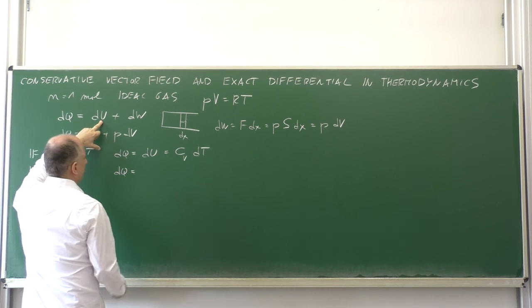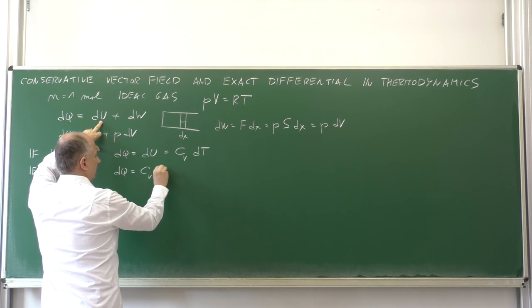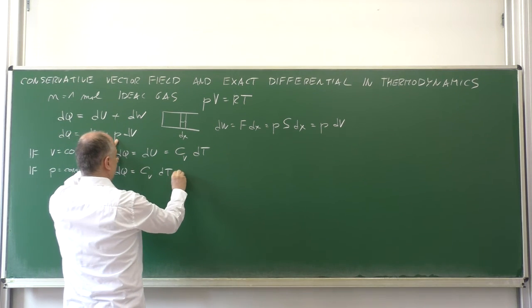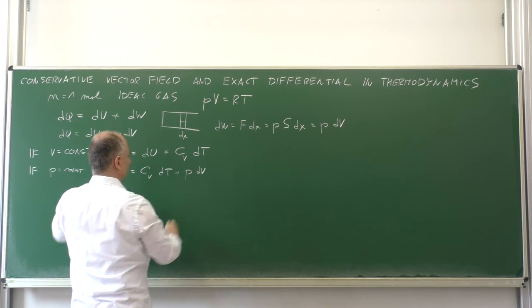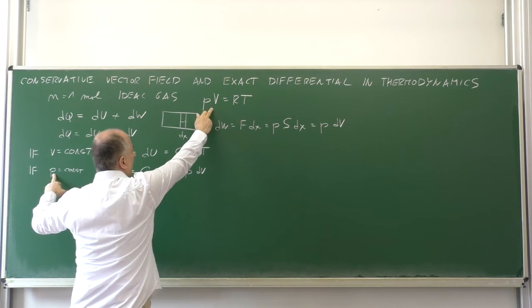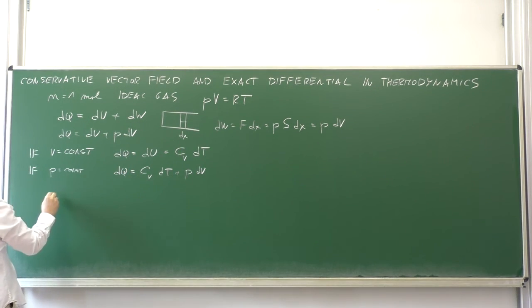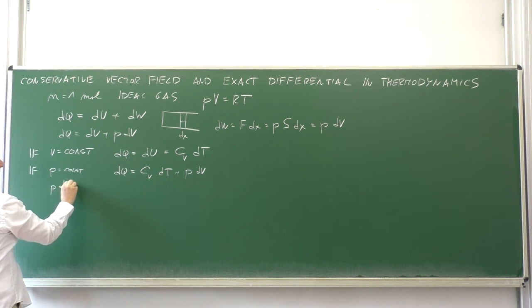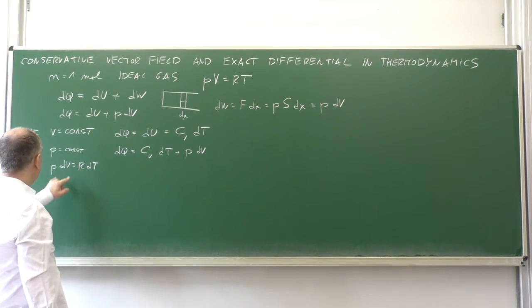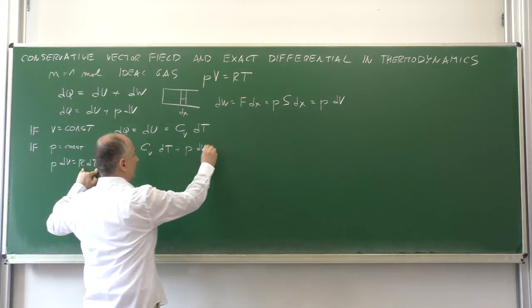And the change of the energy is Cv dT, and this is P dV. But if P is constant, then the change of the left-hand side in the state equation, P dV, is the change of the right-hand side, R dT. And then P dV is R dT.